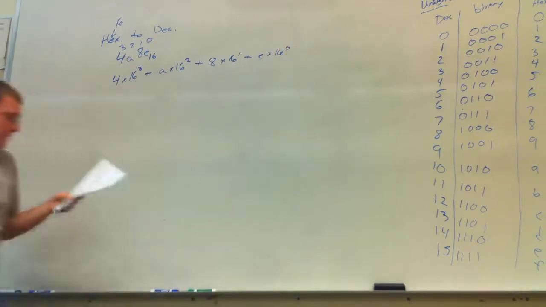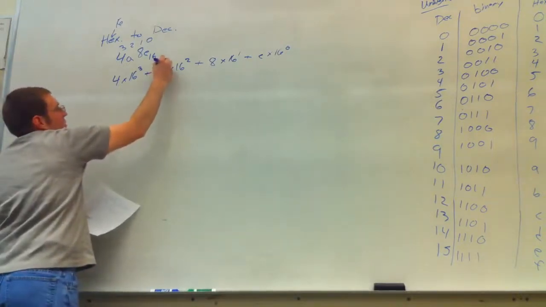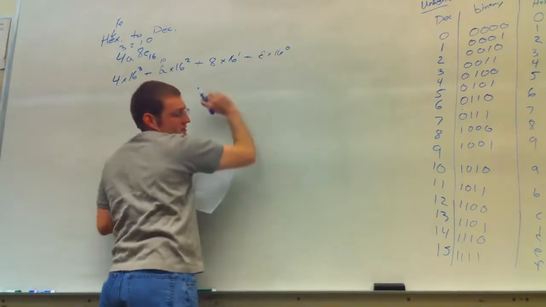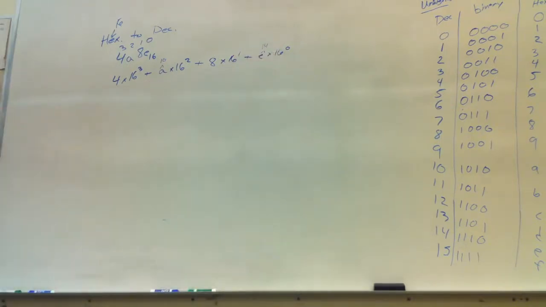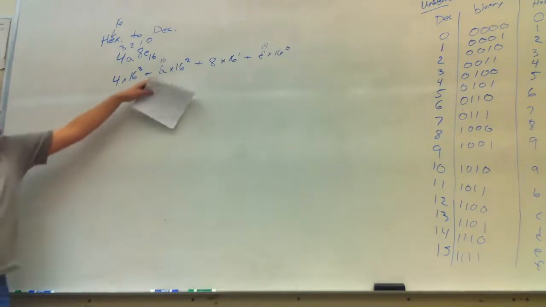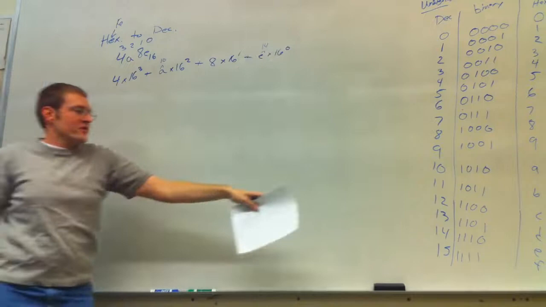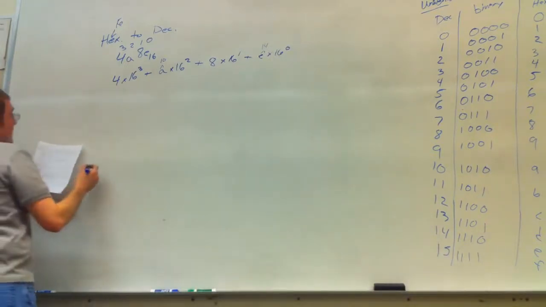Right? So let's say A is 10, right? And E was 14. So we use the decimal number 10 in that place, and E is decimal 14, so we place that in there. Then we can do the math.